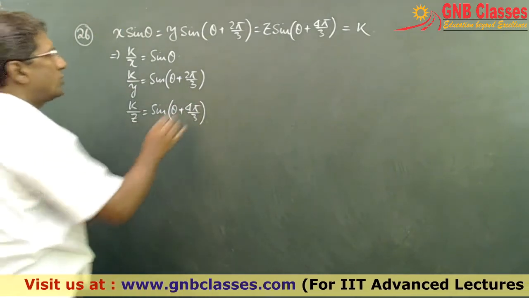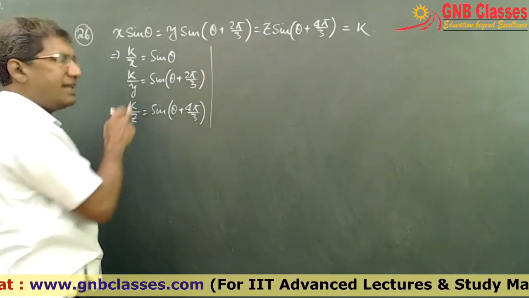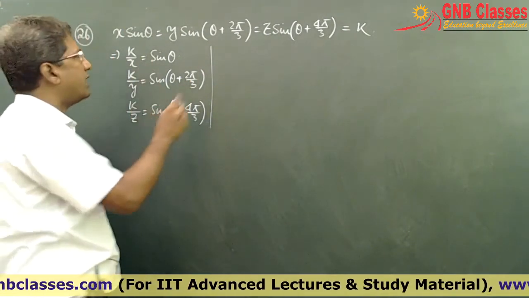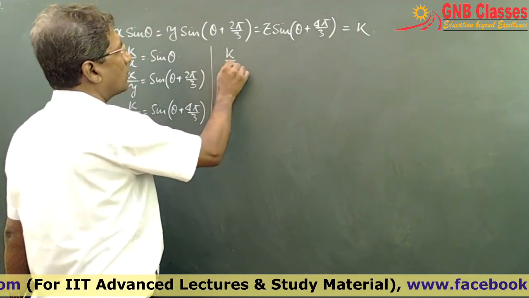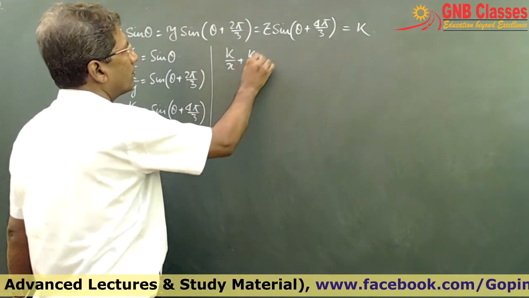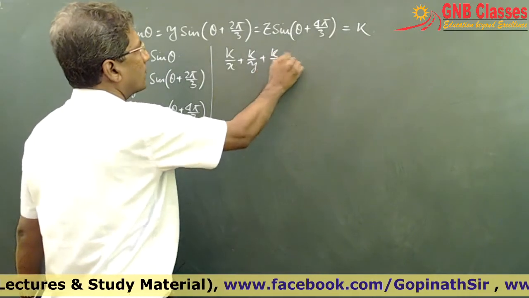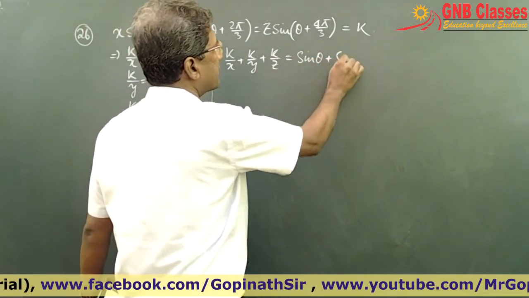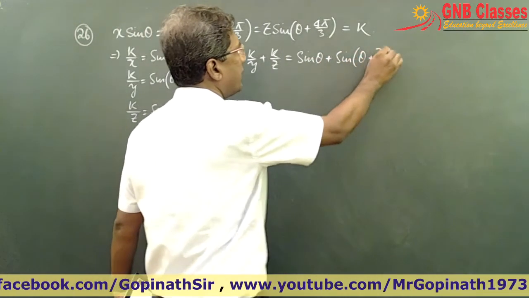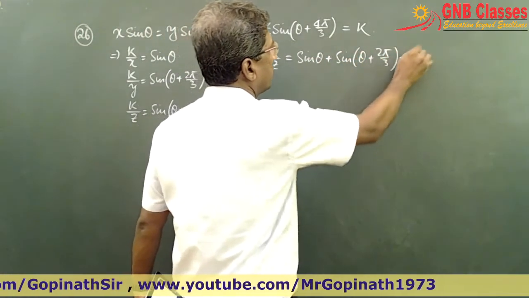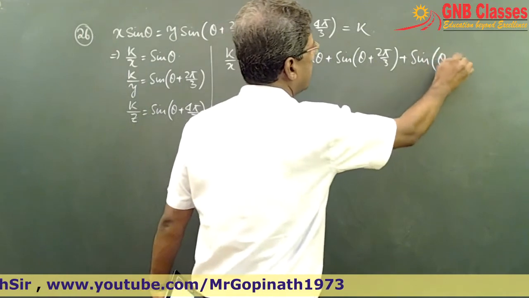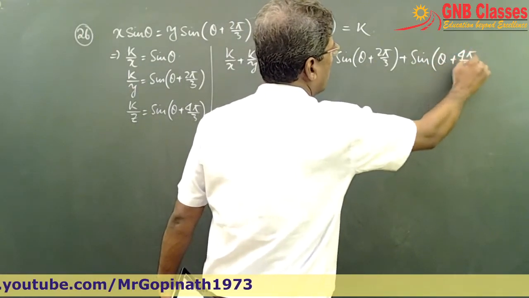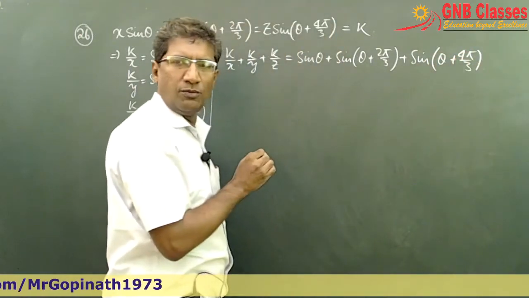So now I'm adding the corresponding sides of these 3 equations that we got. So what we are getting on the right hand side? Sine theta plus sine (theta plus 2 pi by 3) plus sine (theta plus 4 pi by 3). Is it clear to all of you?